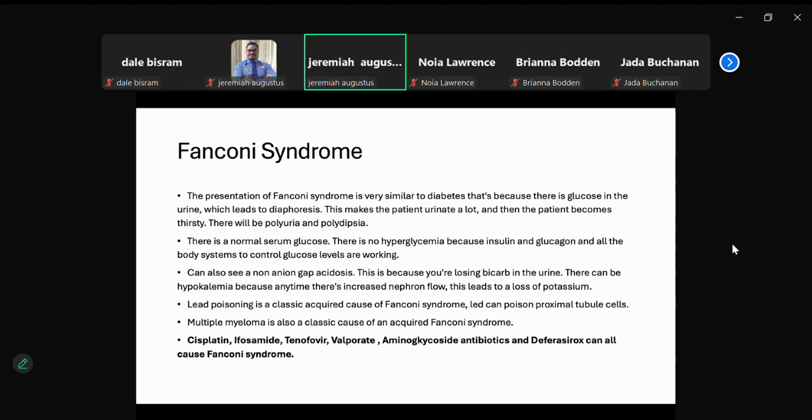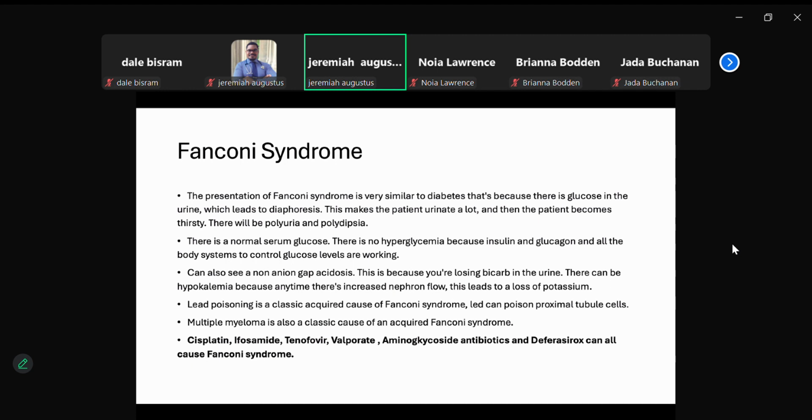The reason I put this in here is because sometimes you would get this in the exam and you would quickly put diabetes mellitus. But when you look at the bicarb value, you're going to see a normal serum glucose, and everything in the serum normal, except when you look into the urinalysis, you're going to see, boy, there's a high glucose.